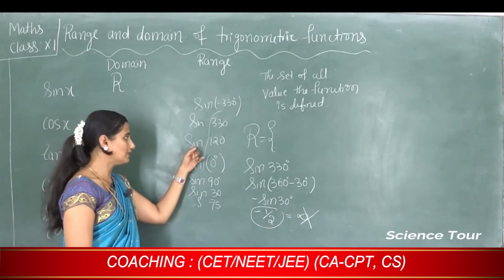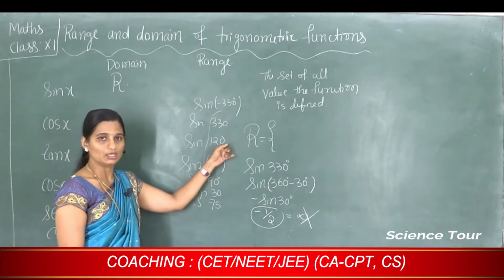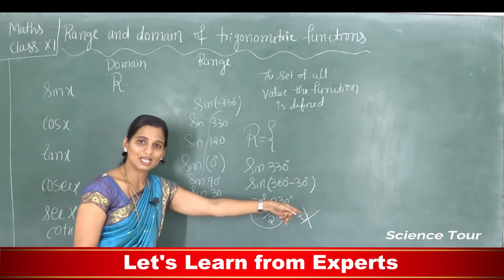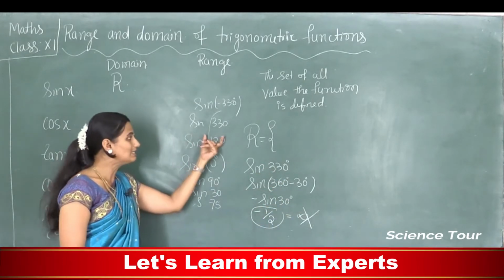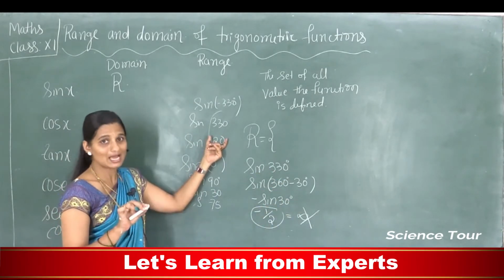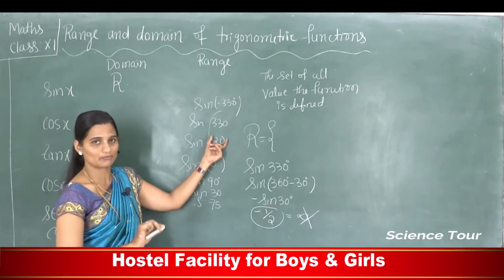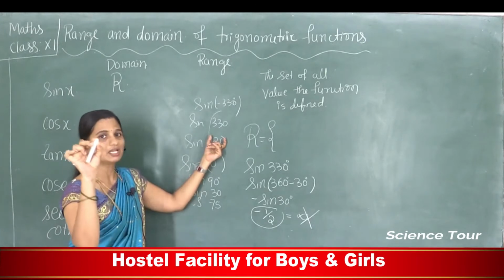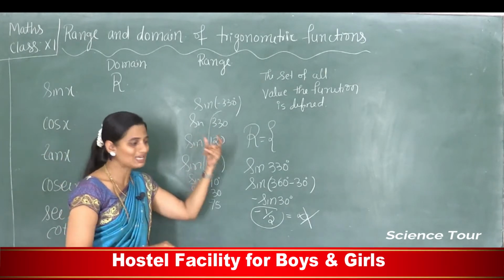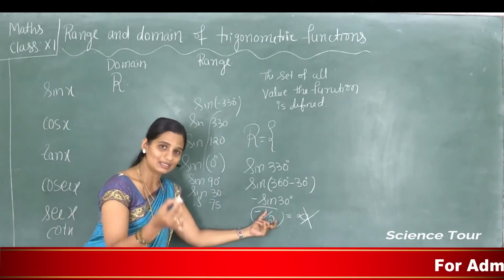So if you take sine 120, will the answer be infinity? No. If you get infinity at an angle, the function is not defined, right? But for 120 degrees we can write 180 minus 60, so we get a number other than infinity.